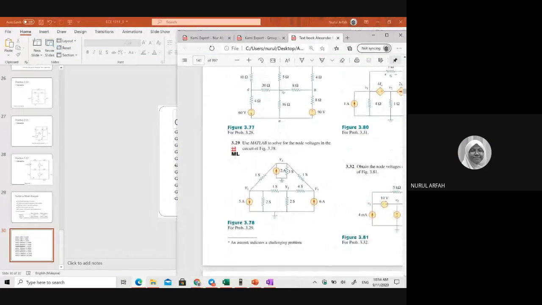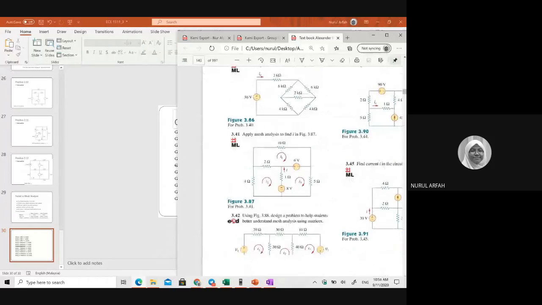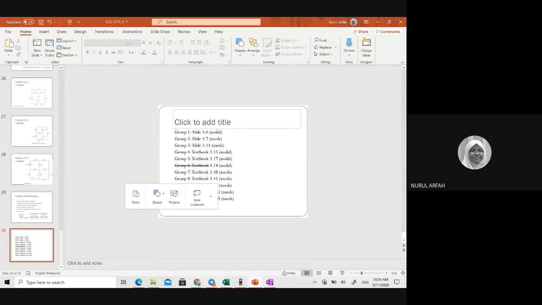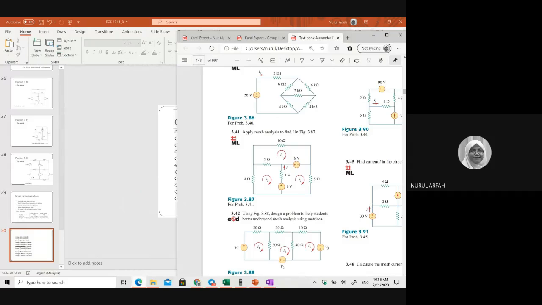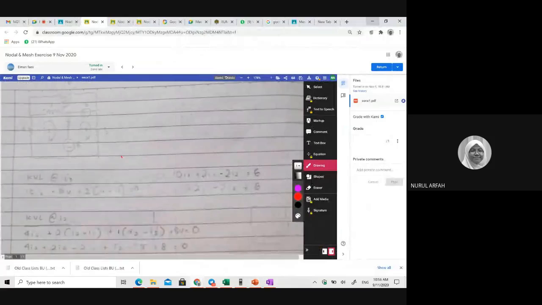Okay, all of you can open your textbook. Go to 3.41. This is mesh, right? 3.41. Yes. Okay, good. Let's have a look. Bismillah.